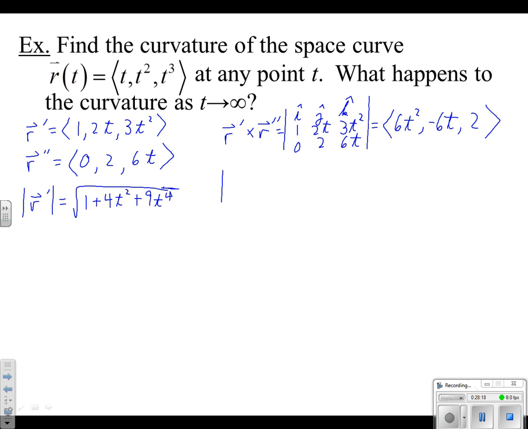We need the magnitude of that, so the magnitude of r prime cross r double prime would be the square root of 36t to the fourth plus 36t squared plus 4.